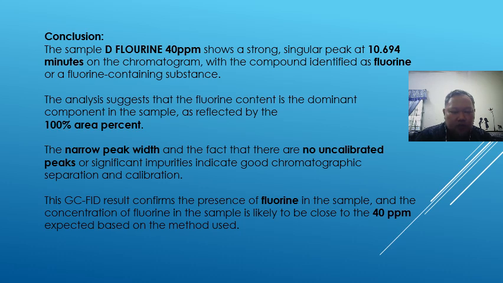The narrow peak and the fact that there are no uncalibrated peaks or significant impurities indicate good chromatographic separation and calibration. The GC-FID result confirms the presence of fluorine in the sample, and the concentration of fluorine in the sample is likely to be close to the 40 ppm expected based on the method used.